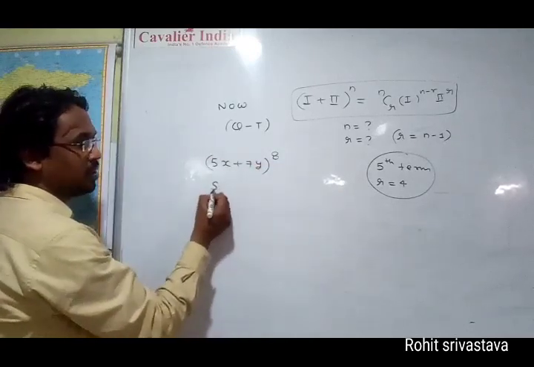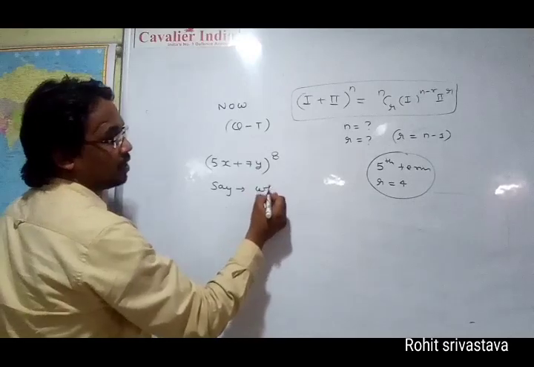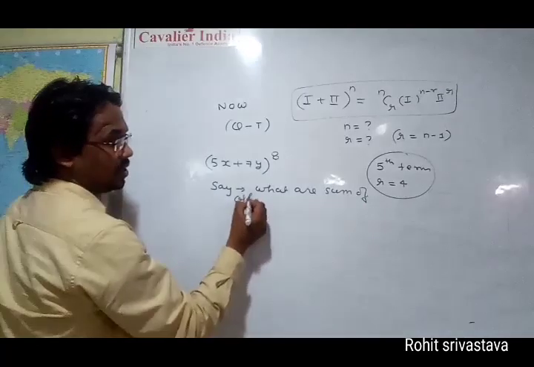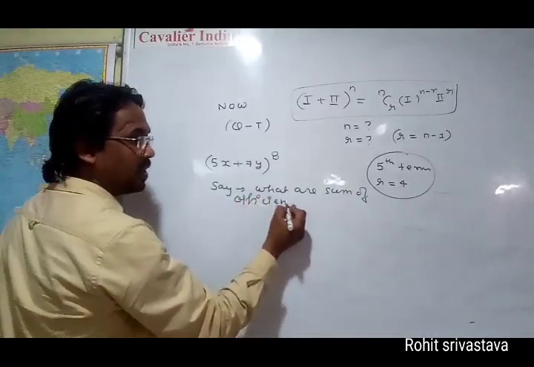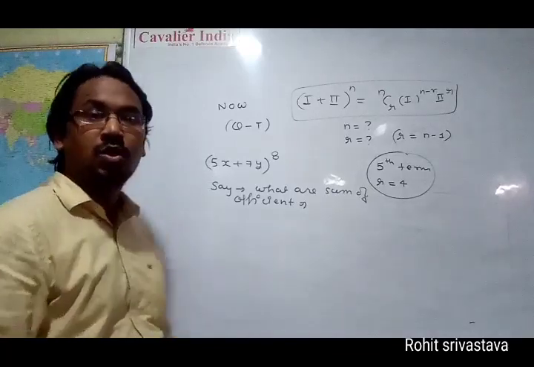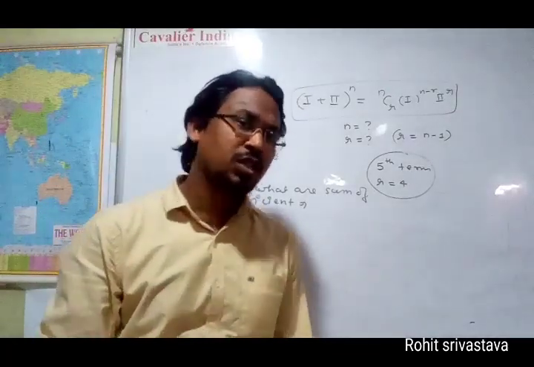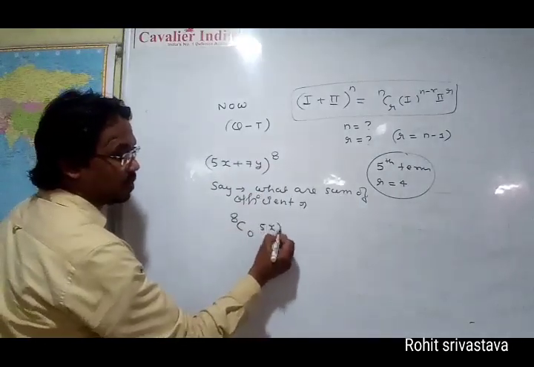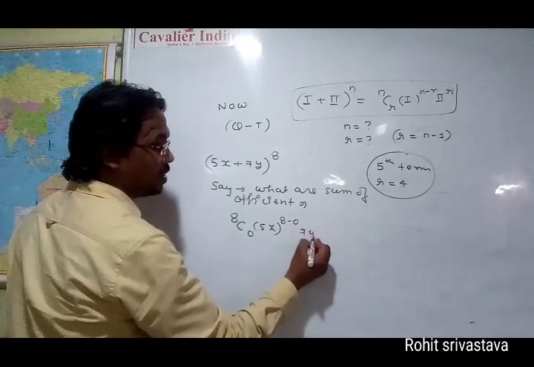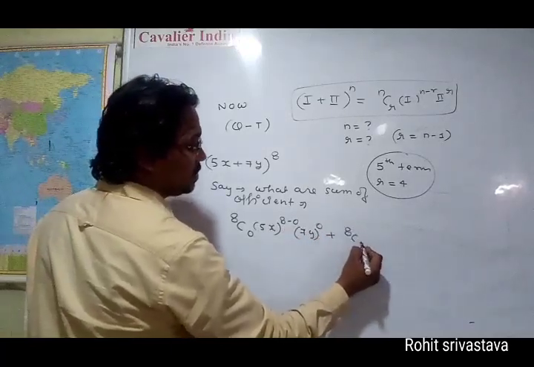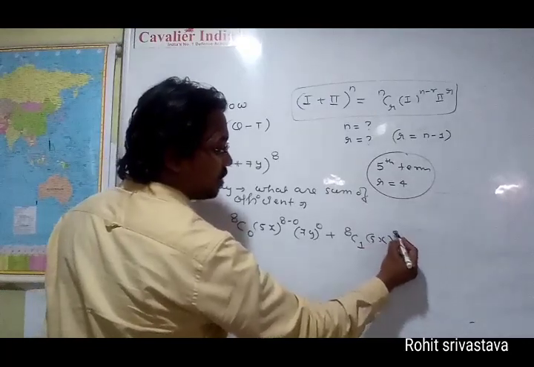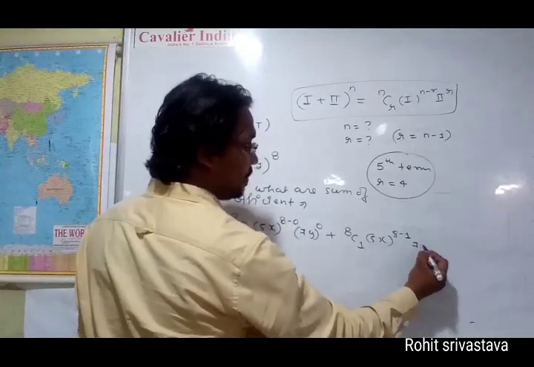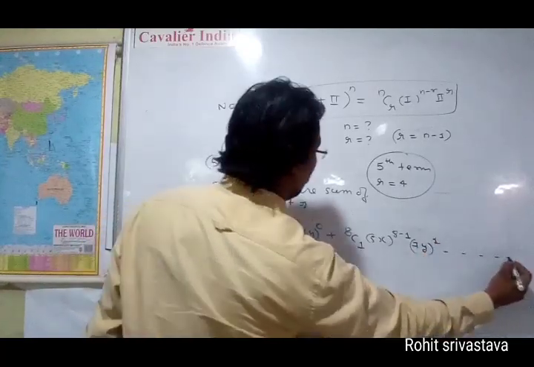And if they ask you in the exam, what is the sum of coefficients? In the previous example I told you the sum of binomial coefficients. Now, if you expand it like this, 8C0 5x to the power 8 minus 0, 7y to the power 0, plus 8C1 5x to the power 8 minus 1, and 7y to the power 1, and so on.